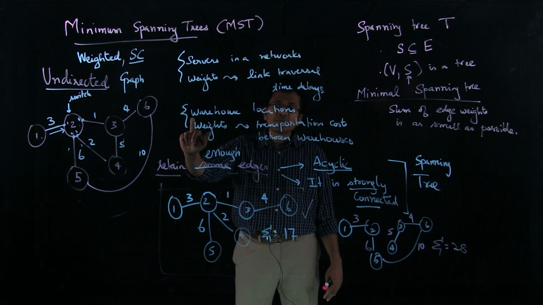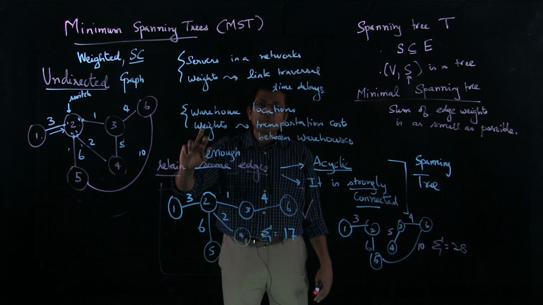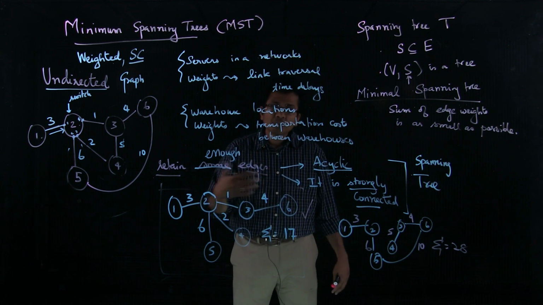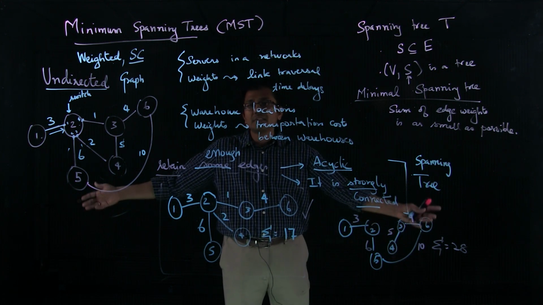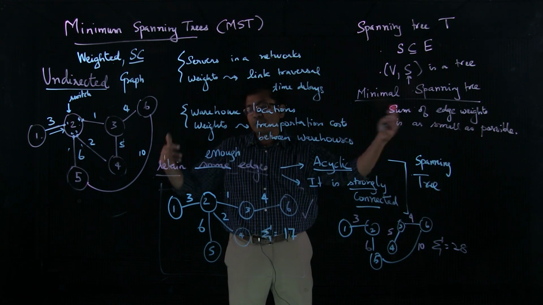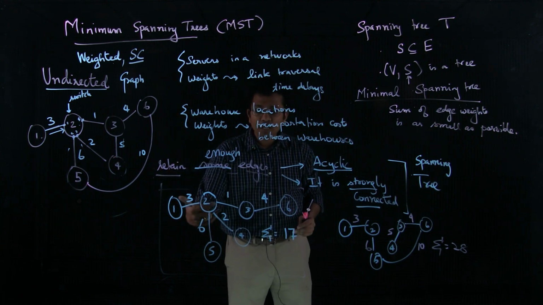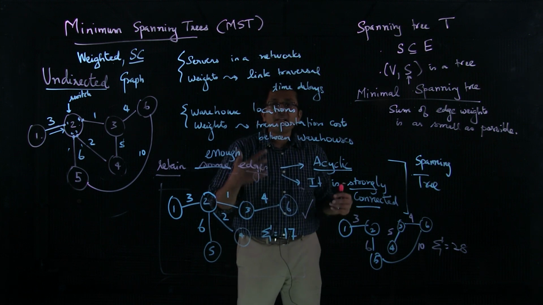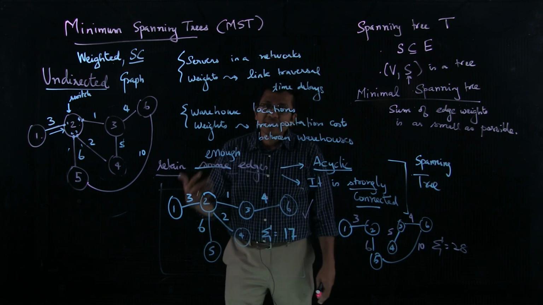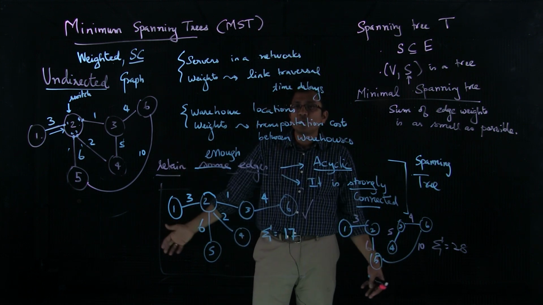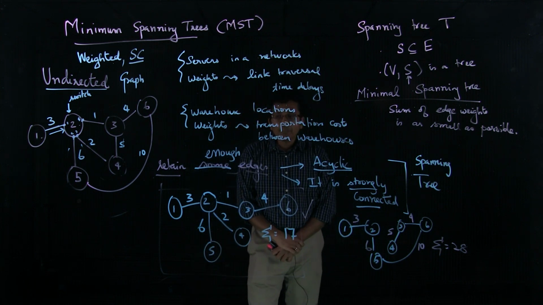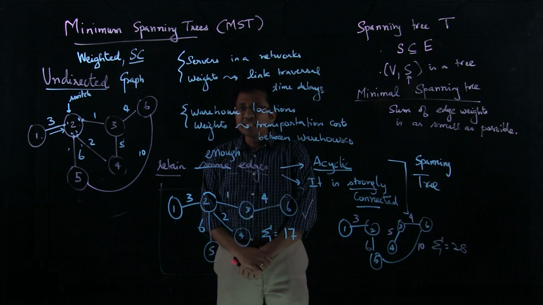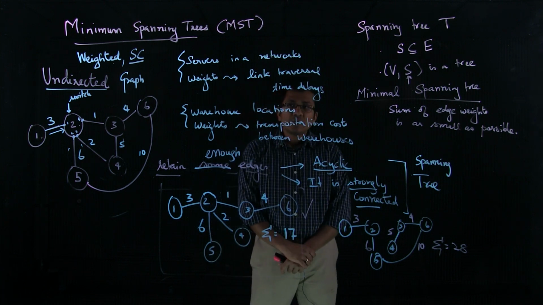If I had warehouse locations and these were transportation costs, and there was an equal amount of traffic from all the warehouses to all the other warehouses, and I shipped my goods along these spanning tree edges, then I will find myself paying the minimum transportation cost overall. So computing the spanning tree gives me a strategy for sending traffic.